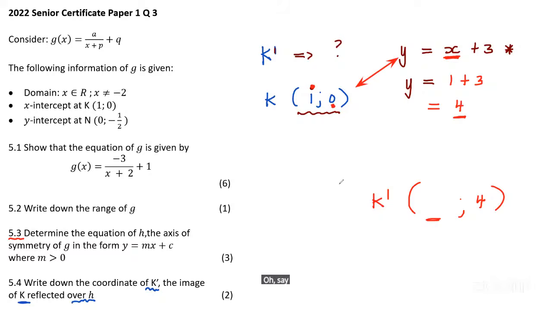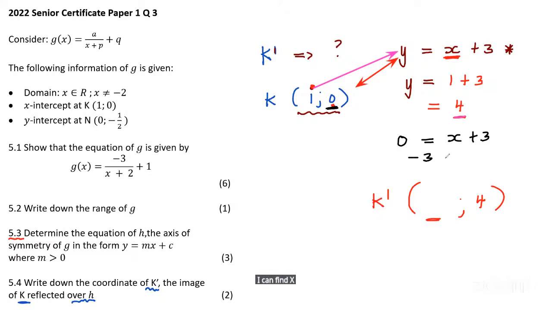To find the value of y reflected, substitute the value of x in this equation. I've substituted x as 1. I got y as 4. Then for the next one, I want to find x. So this time I'm going to substitute y as 0 so that I can find x.